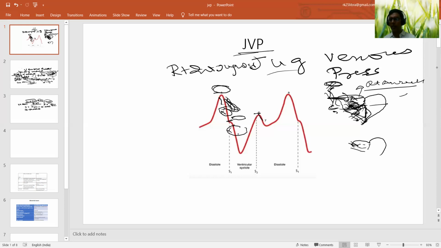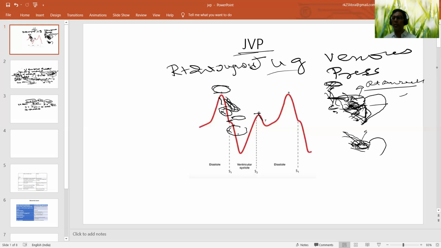So you have a drop in pressure here. When there is a drop in pressure here, blood from these great veins enters here. And then again you have this pooling of the blood. So when blood comes from this vein and you have pooling of this blood, then again you have an increase in pressure in the right atrium.